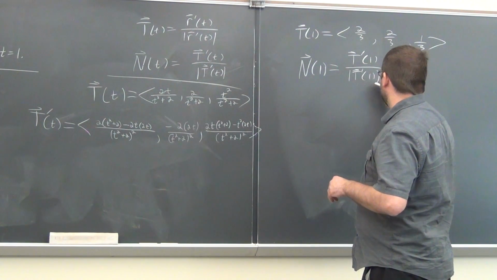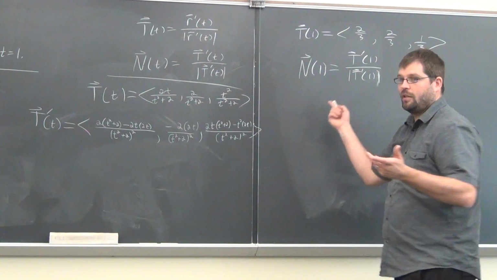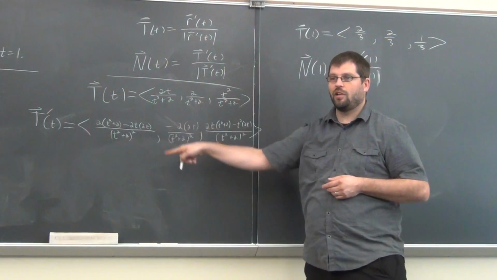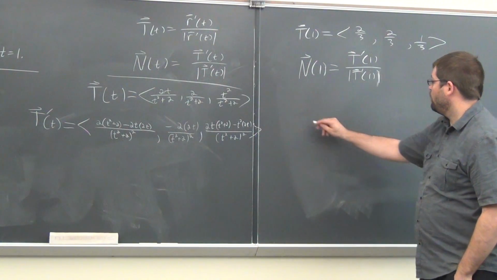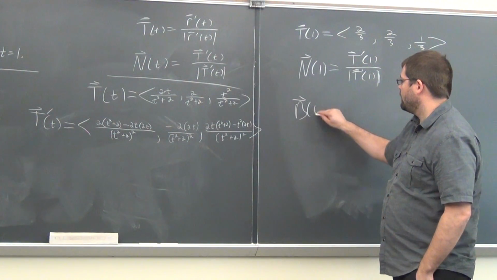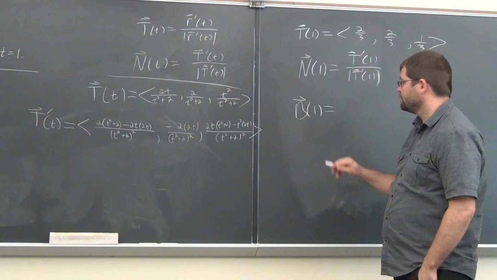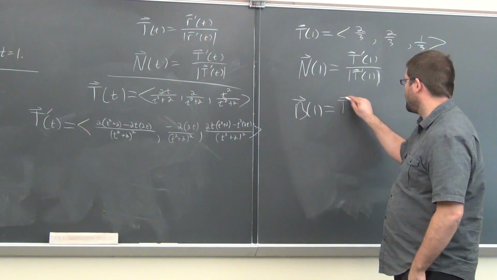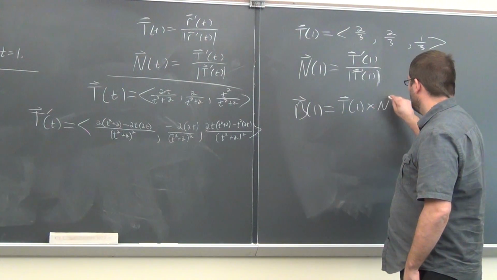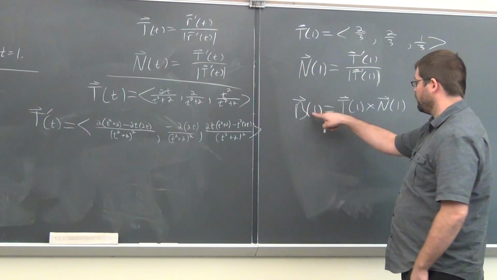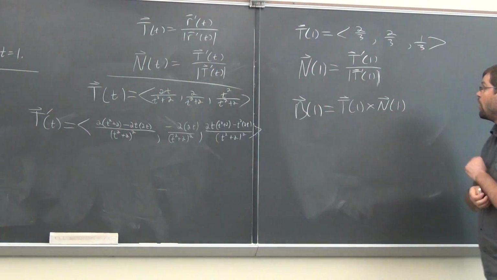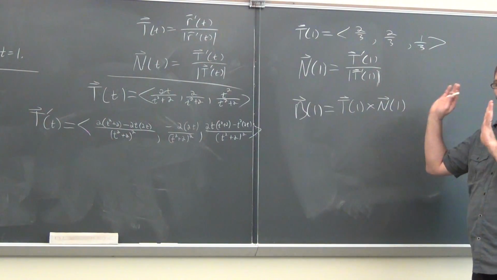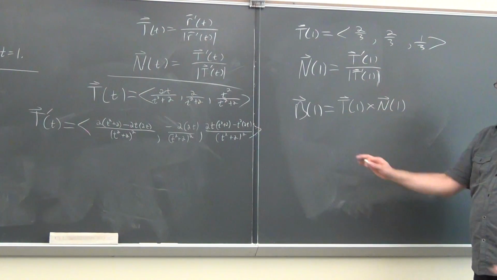We don't need to find the magnitude of this for an arbitrary t; we can just plug stuff in. And when we want B of 1, how is that defined? The cross product. The key is we don't need to differentiate to find this, we just need to take a cross product. So at this stage, we're fine to just plug 1 in. Does that make sense?